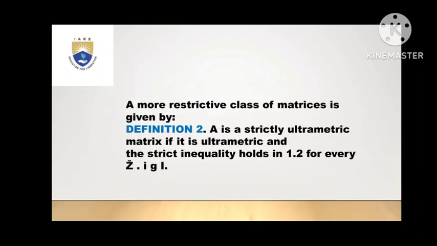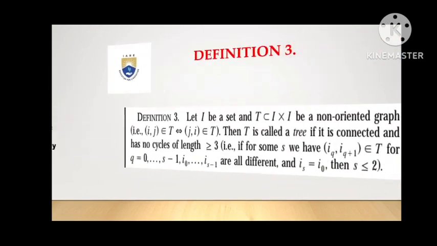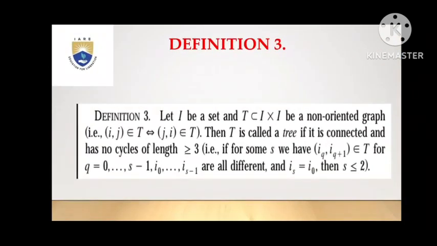A more restrictive class of matrices is given by the following. A is a strictly ultrametric matrix if it is ultrametric and the strict inequality holds in 1.2 for every i, j, k in I. Definition 3. Let I be a set and T, a subset of I times I, be a non-oriented graph.